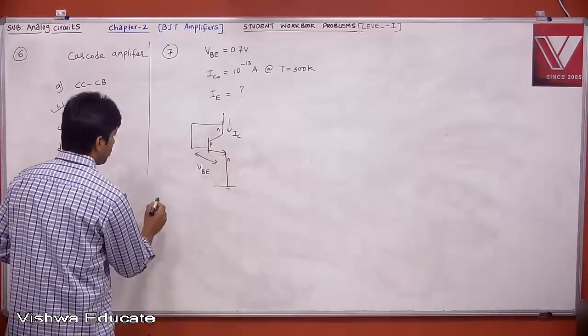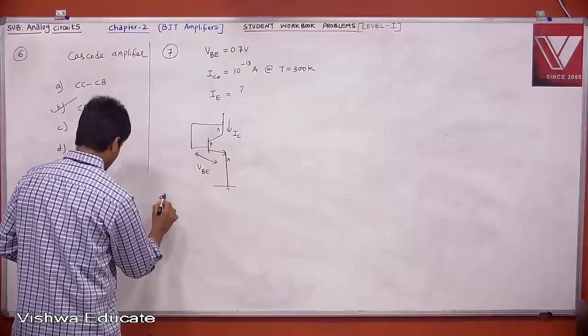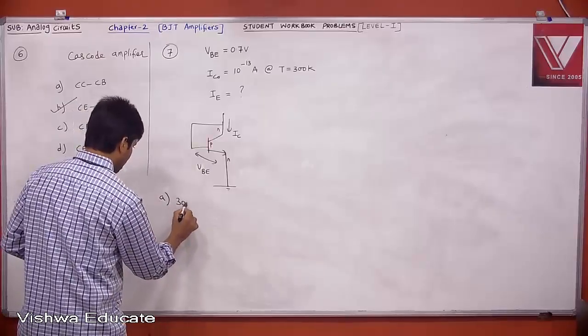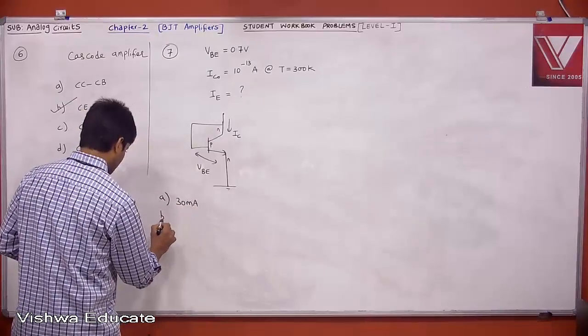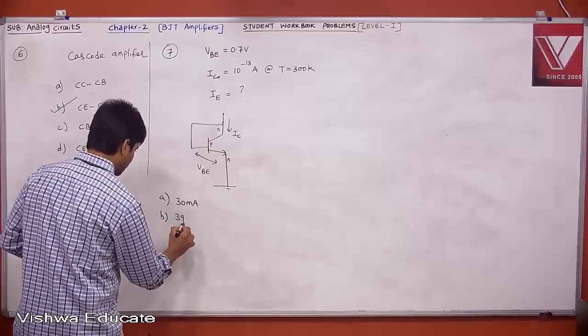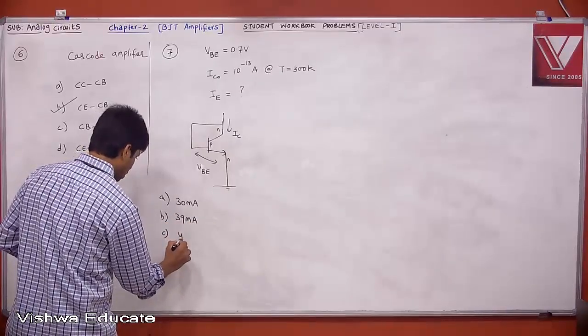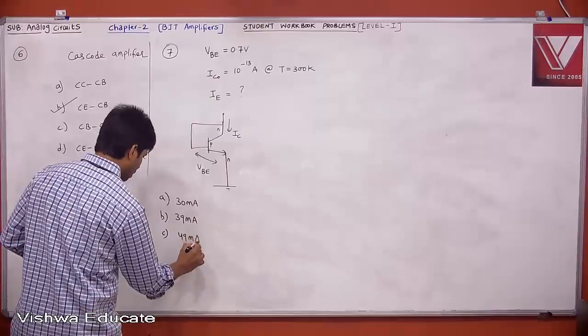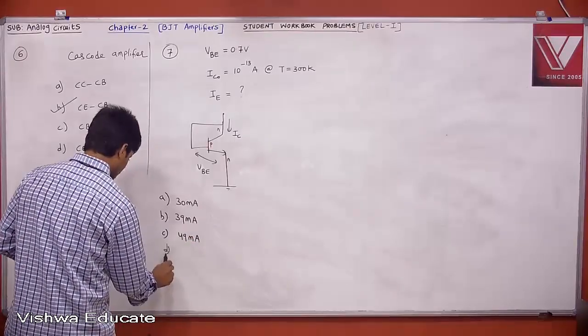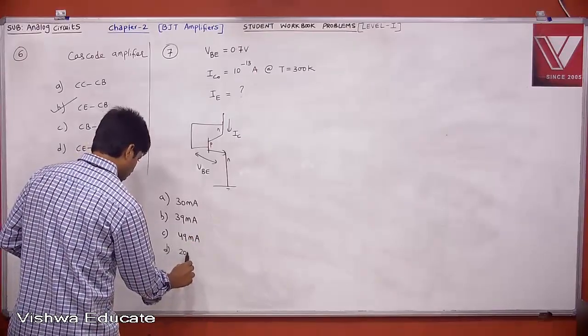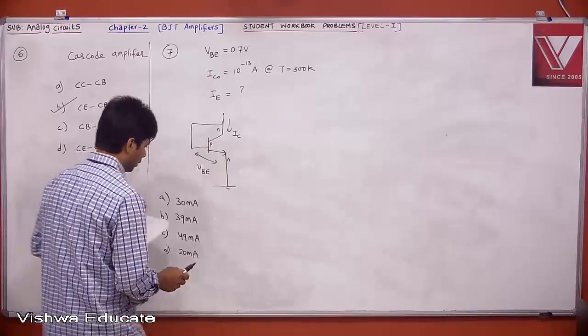Okay, option A is asking for IE. Option A 30 milliampere. Option B 39 milliampere. Option C 49 milliampere. Option D 20 milliampere.